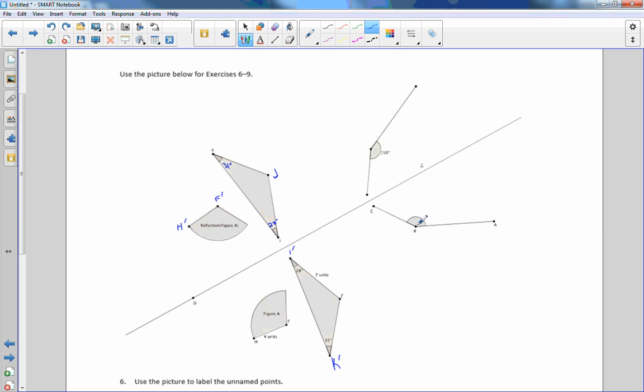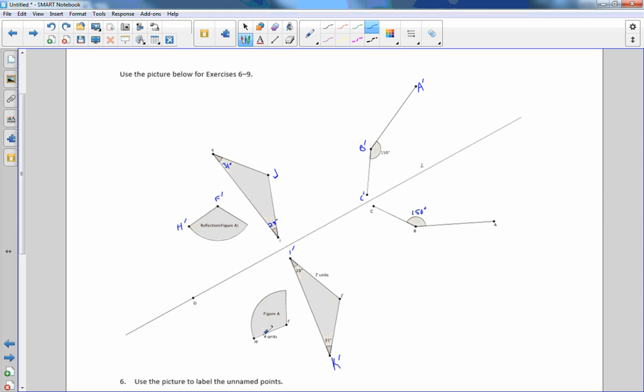And over here we have angle CBA, or angle ABC, reading it this way, or just simply angle B. The point C is across right here, that's C prime. B goes here, that is B prime. It is 150 degrees, so therefore this is 150 degrees. And angle A, or not angle, but point A becomes point A prime. So there we've labeled everything up.